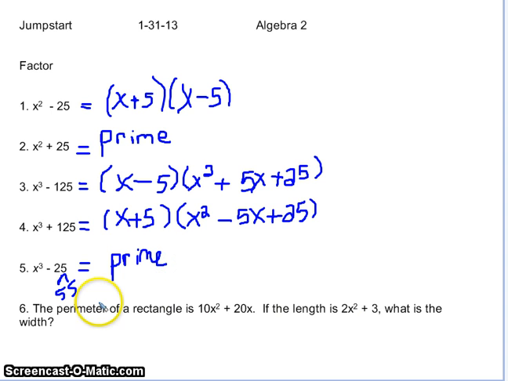Now, if we look at the word problem, the perimeter of the rectangle is given.